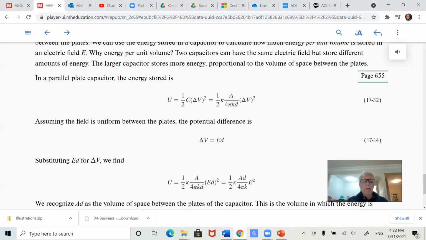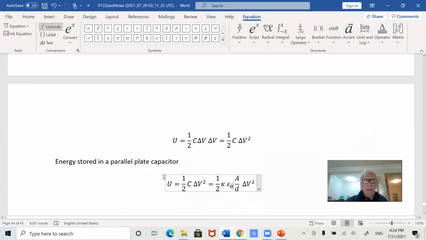So do that when you're studying. Make sure you just don't look at it. You go ahead, pen to the paper, repeat it manually as you do that. 1 divided by 4 pi K is epsilon naught. I'm simplifying my notation. But what else do we know? We know that delta V is the electric field times the distance between the plates.